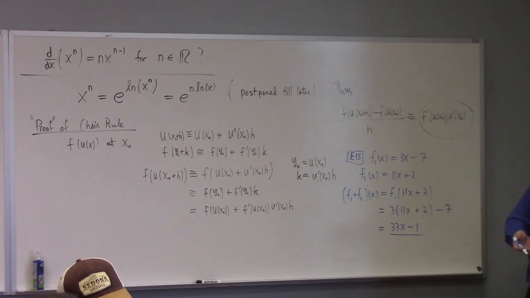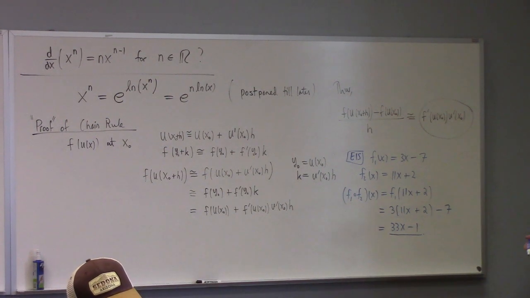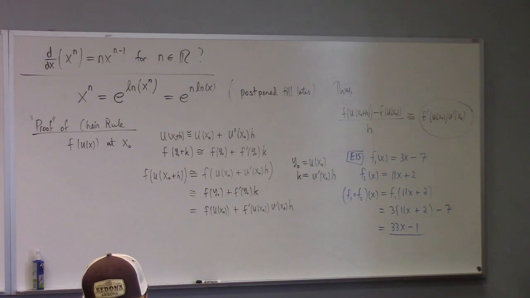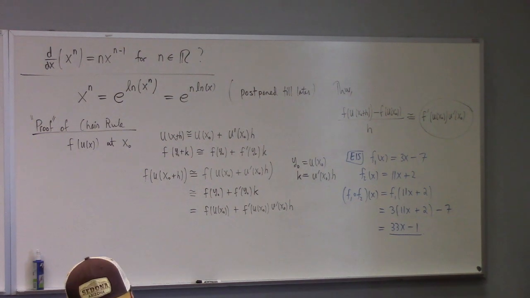My question to you is simply this: how is the slope of the composite related to the lines which are composed? Can you see it? The slope of f1 was 3. The slope of f2 was 11. f1 composed with f2 has slope 3 times 11.